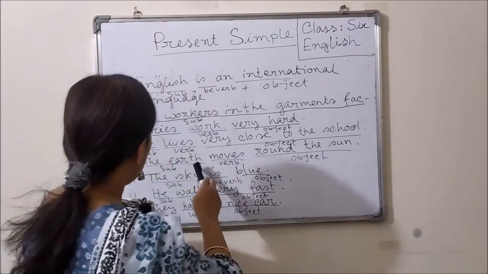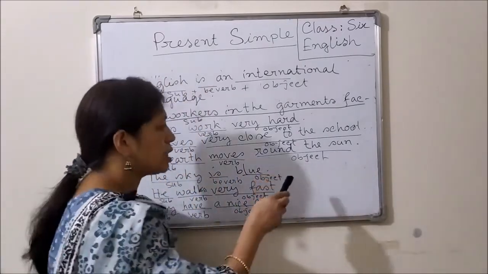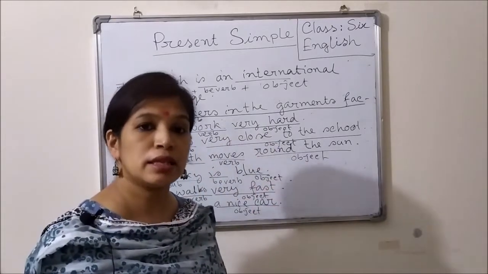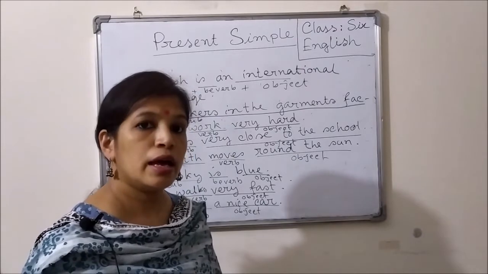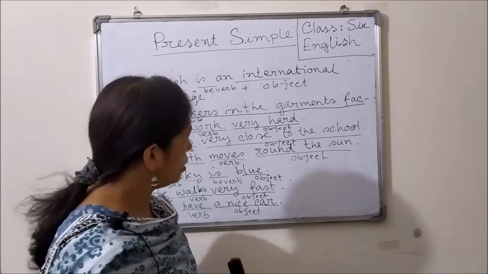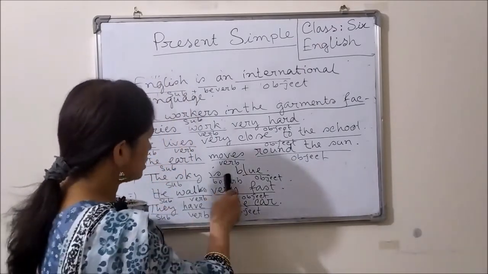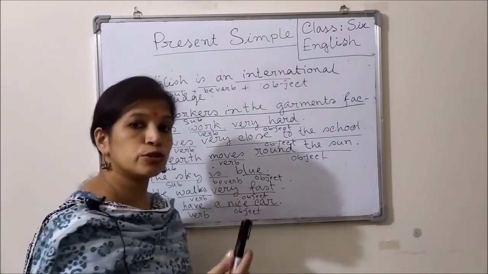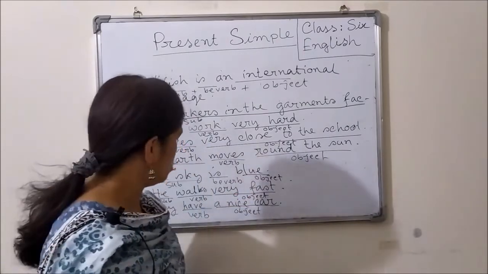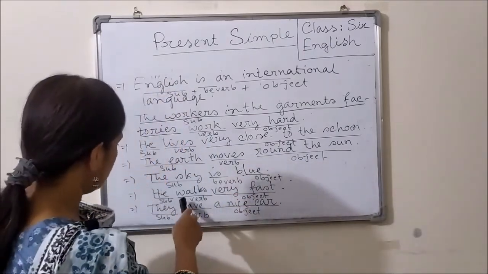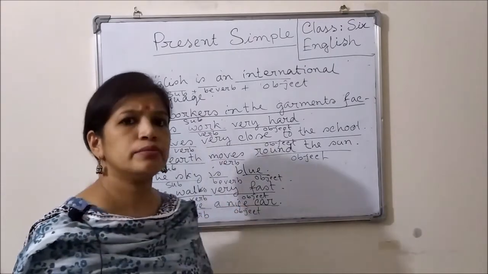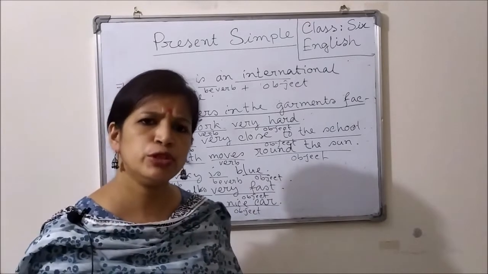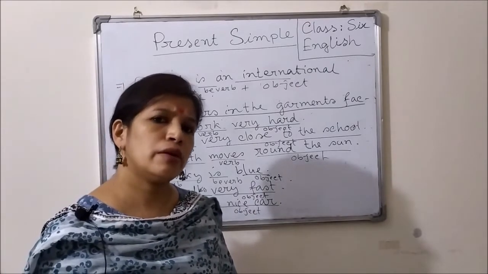Then the earth moves around the sun. This example expresses a universal truth. That's why it's also present simple tense. Now the sky is blue. This is also a universal truth. Now come to the next one. He works very fast. It's a habitual activity.